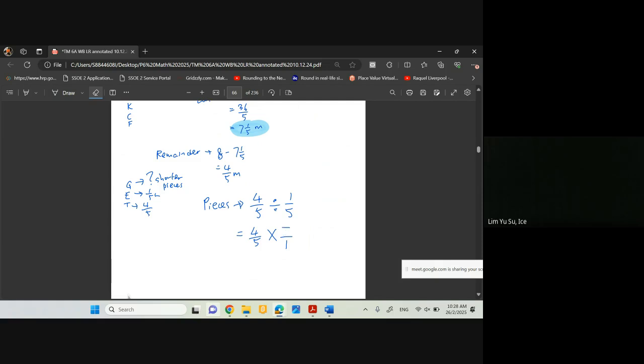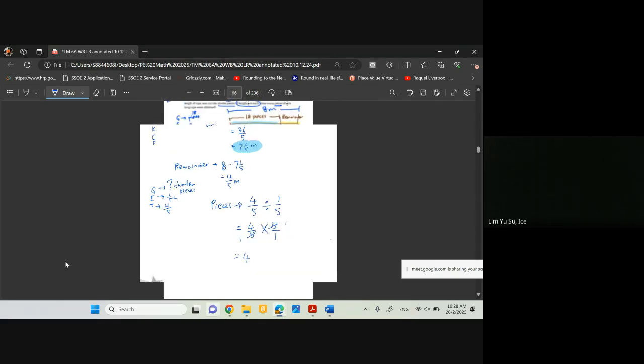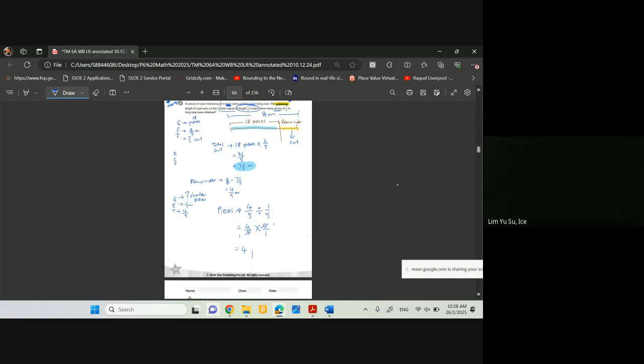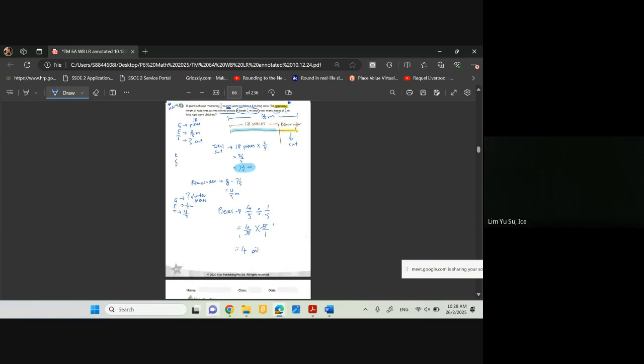Is it difficult? Actually, not really. You realize that the answer is not difficult, it's just 4 pieces. Finished already. So really I think what is necessary for everyone when solving a primary 6 level question is being patient to solve.